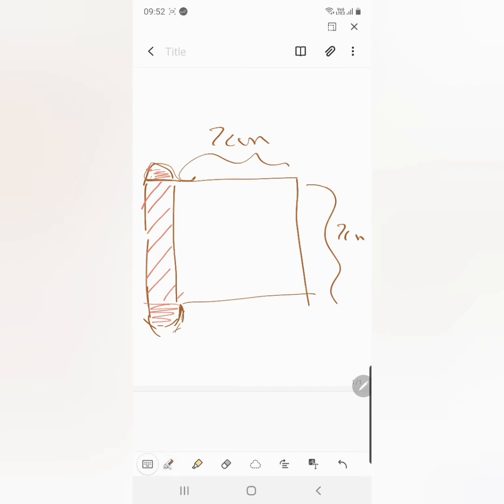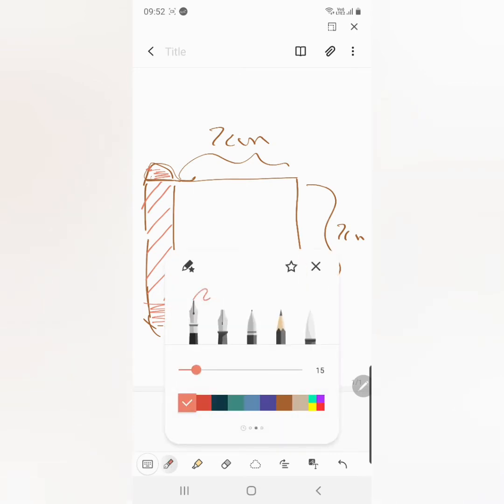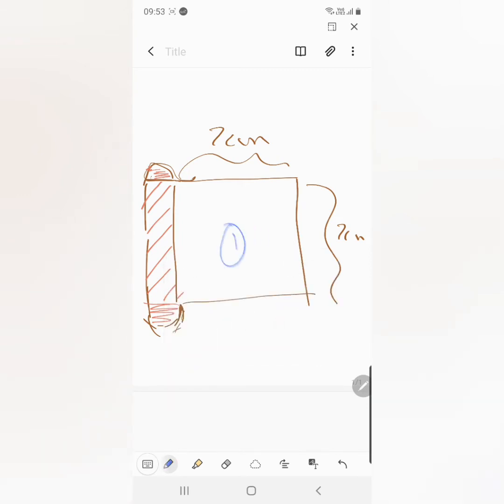So think 3 shapes and 4 parts, okay, where this is part 1, this is part 2, and 3 and 4.